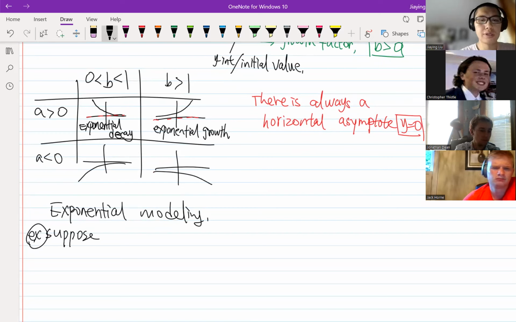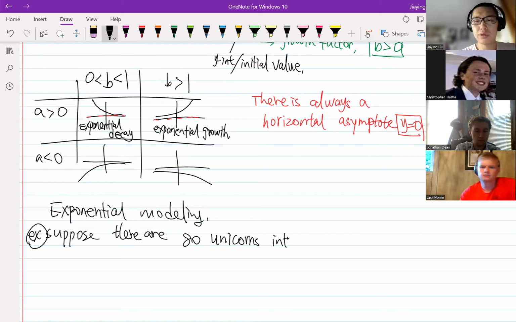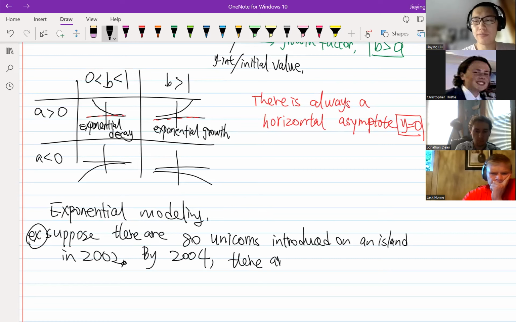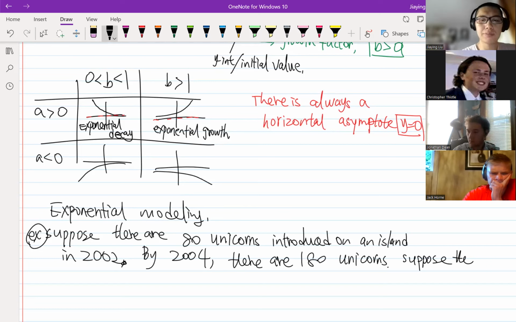Suppose there are 80 unicorns introduced somewhere on an island in 2002, and by 2004 there are 180 unicorns, and suppose the population grows exponentially.